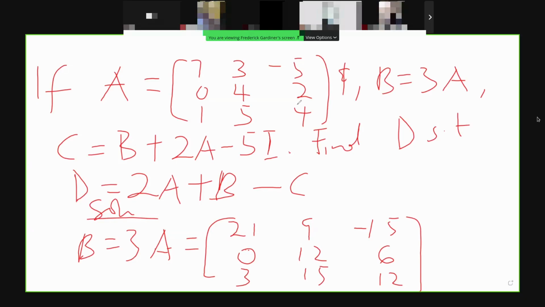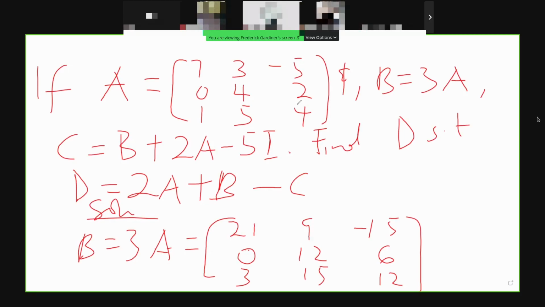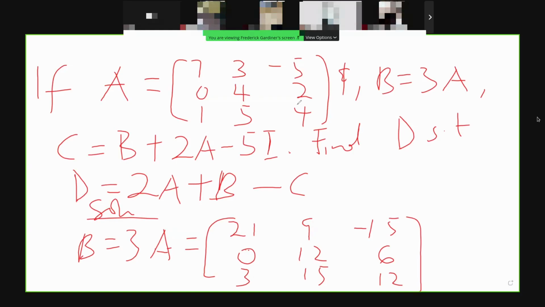So we put 3A plus 2A, subtraction by 5I. Something like that. And now put the expression that we get there into the D, and that will also work. Yeah, you do substitution.